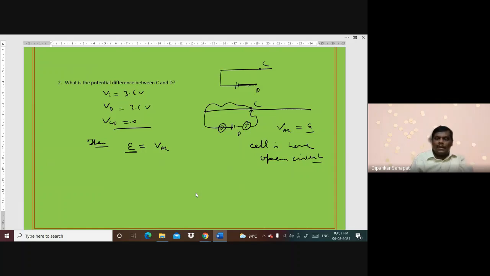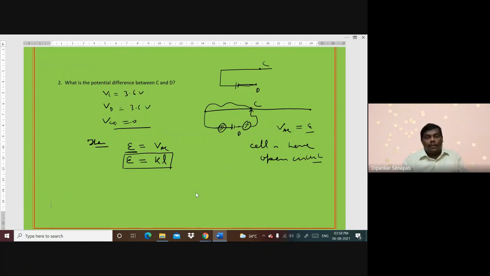So first, we have achieved the no current condition, that is, the open circuited condition of the cell, and we are going to equate the EMF, not the terminal potential, to VAC, which in turn is equal to K into L of AC. These are the two facts which we can use in a potentiometer.